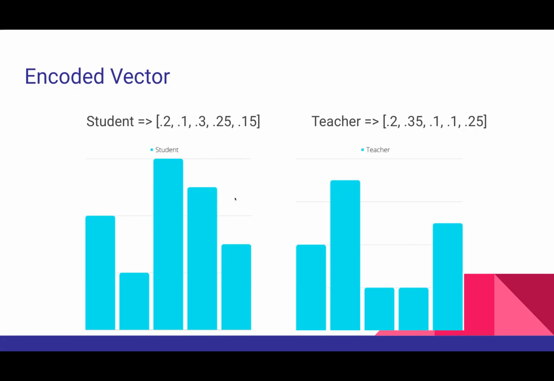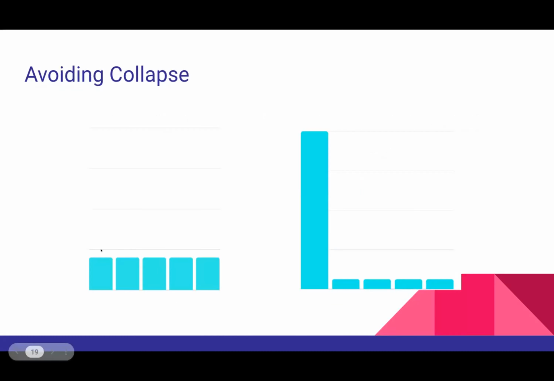One problem, though, with this approach is that the student and teacher models might get a little tricky. Say the student and teacher both predict the uniform distribution. So the teacher and student both output the same uniform distribution. If we apply cross entropy on two uniform distributions, we'd get a loss of 0, which means the student and teacher are doing perfectly, we think.